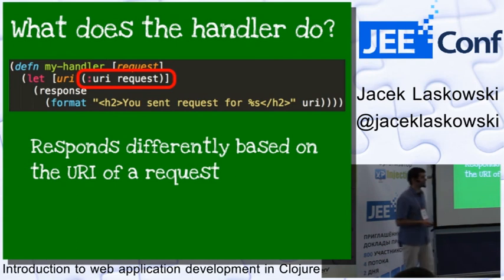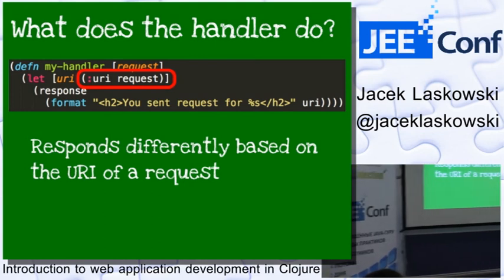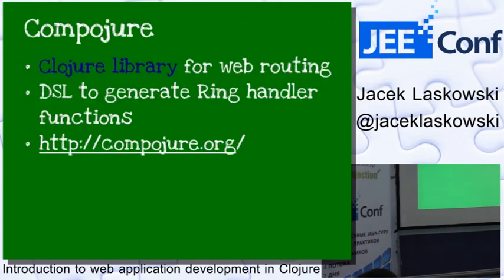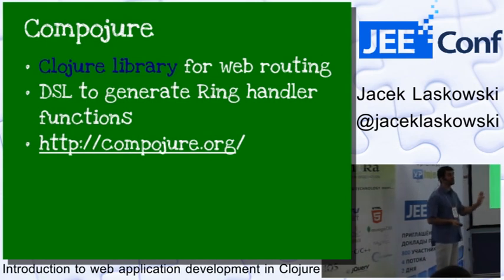Okay, that was easy. So a URI responds differently to requests, right? And then think about it. Whenever you access a URI, you will have to decide what page you need to render, right? So you will have to eventually create a routing framework or routing library for Ring. That's Compojure. Compojure is another library built atop Ring, that aims at simplifying working with Ring.